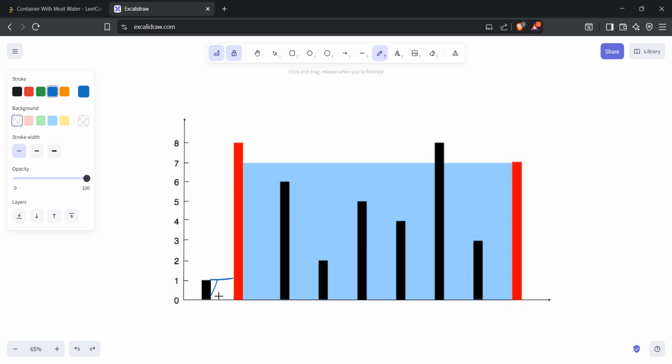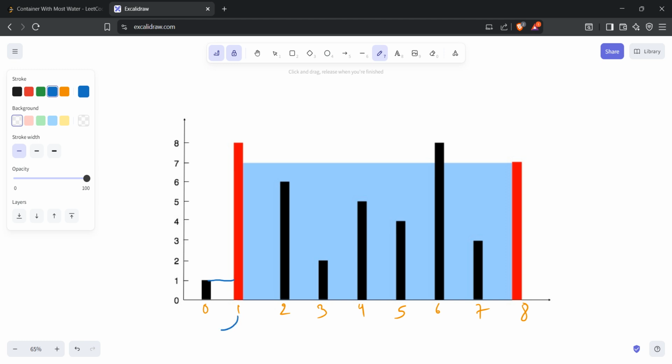Okay, and how to calculate how much water it is holding? Let me give the indexes. Let's say this is 0 1 2 3 4 5 6 7 and 8. That means there are 9 lines. Now how to calculate how much this container is holding? We have to find the length and the breadth, and we calculate the area.